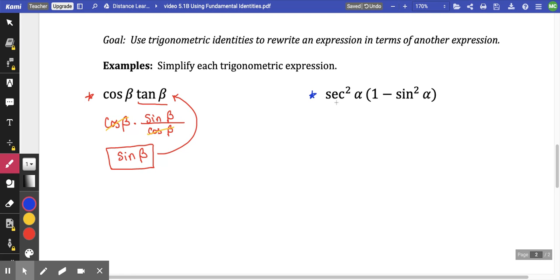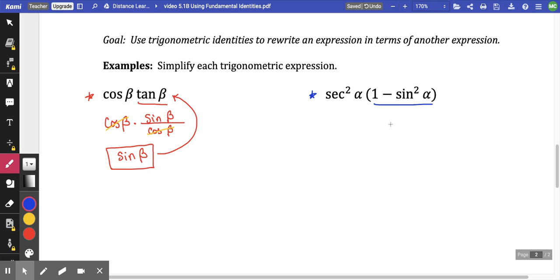Now, whenever I see a trig function squared, I start thinking about the Pythagorean identities, particularly when it's got something where it's like 1 plus that or 1 minus that, or maybe two trig functions squared added together or subtracted. So I think I'm going to focus on this inside part here first. That 1 minus sine squared of alpha.